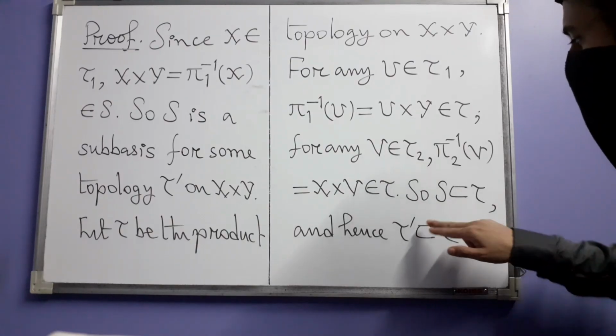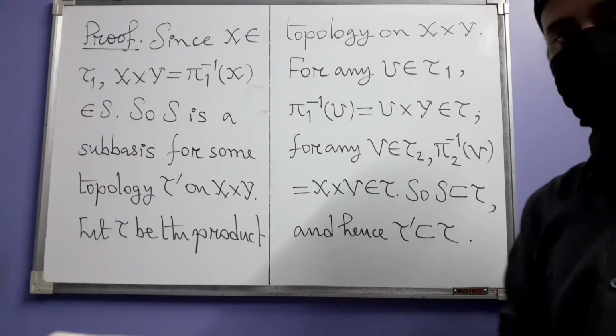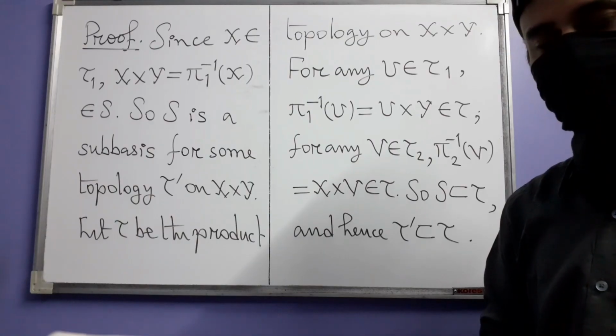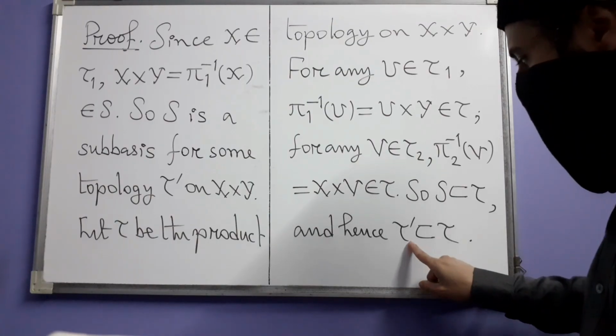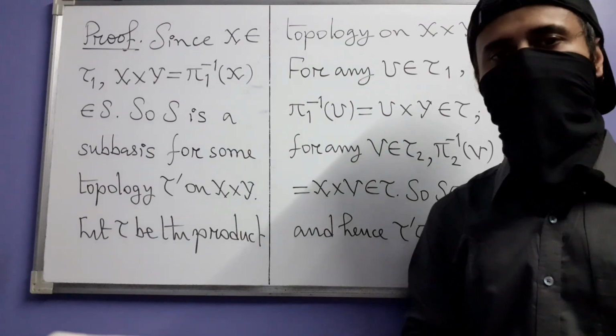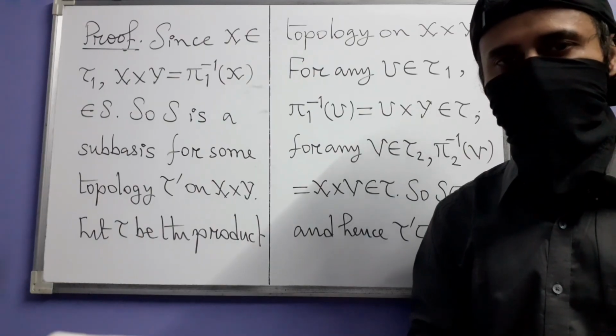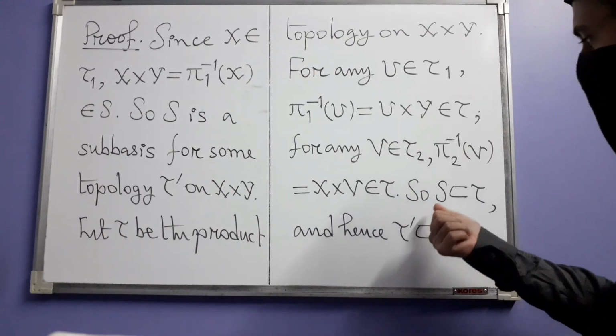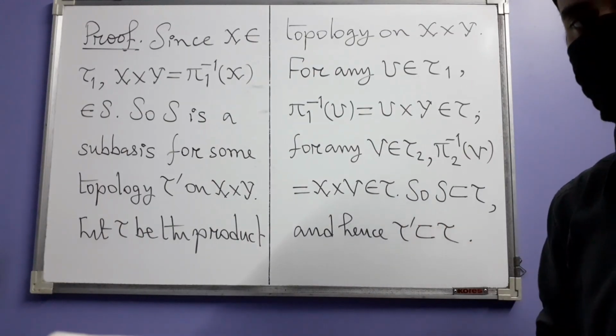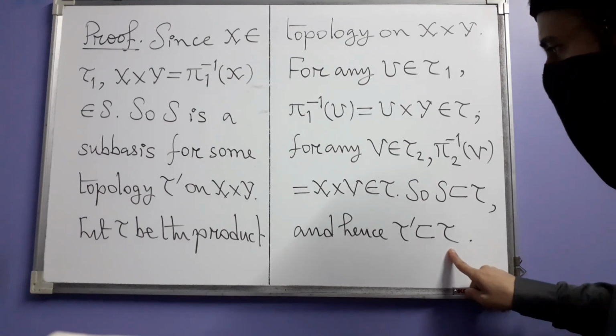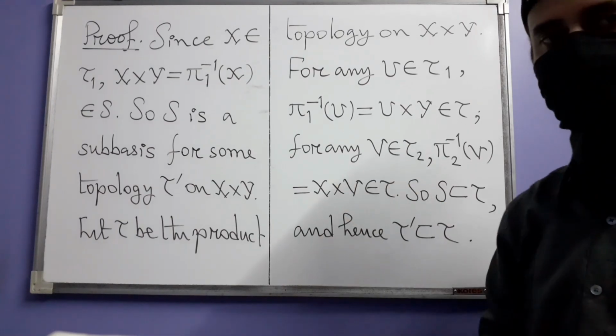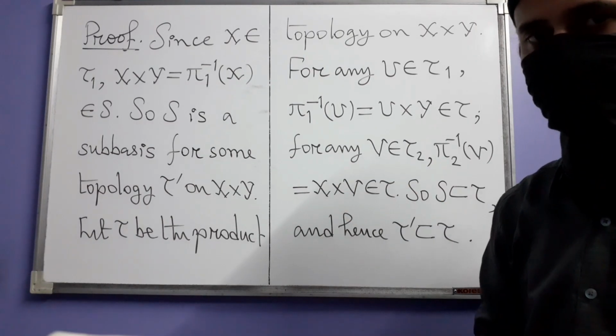That's how tau prime is a subset of tau. Why? Because a typical element in tau prime is an arbitrary union of finite intersections of elements in S. That is why. So you have got one containment, and now we are going to prove that the reverse containment is also true.